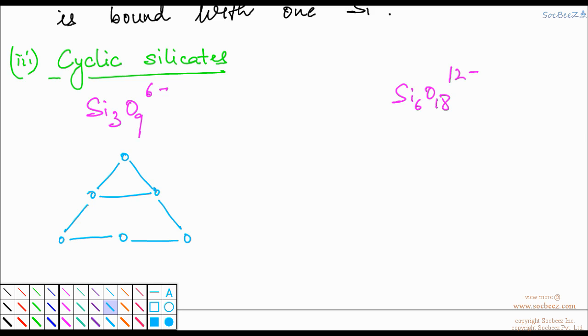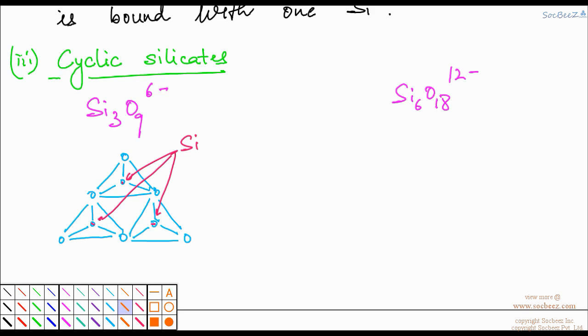Okay, and there are silicon present over here. Okay, so here and here you will have silicon, and rest all the rounds are oxygen.